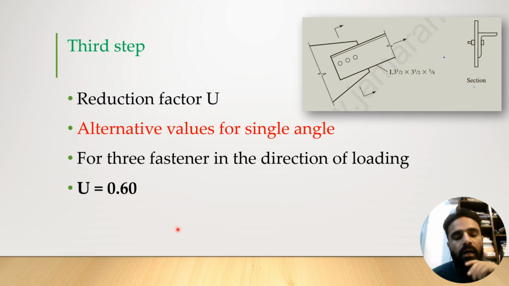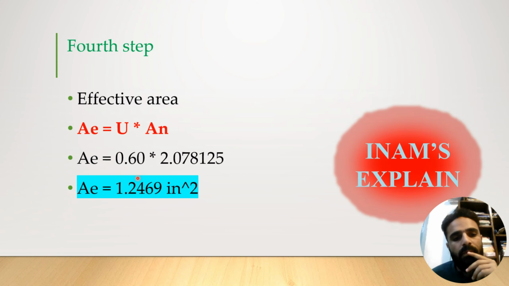So now we have found the value for U and the net area. Now we will just multiply the value of U and the net area to get the effective area. So the fourth step will be the last step: the effective area will be the product of the shear lag reduction factor times the net area in case of bolted connection. In case of welded connection, in place of the net area, we will use the gross area.